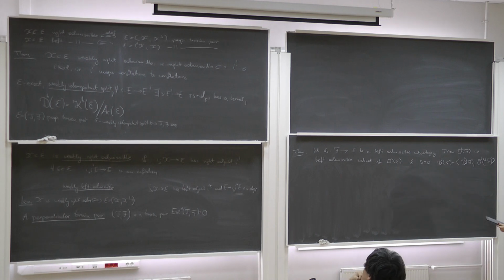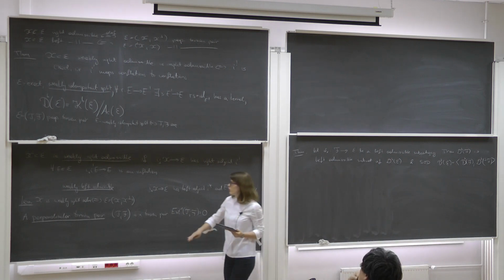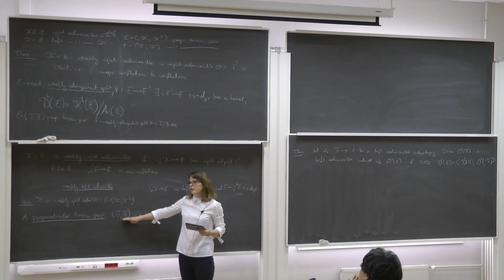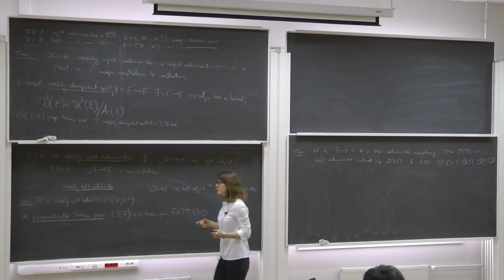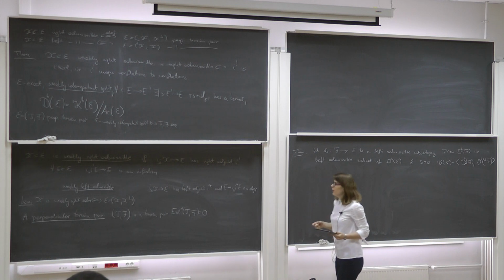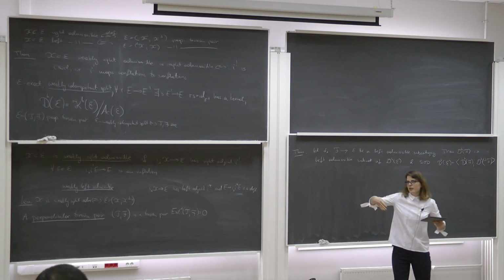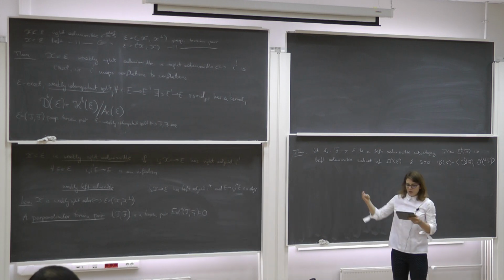Okay, so now I would like to say a little bit about, so we assume that this is somehow a good way to build our exact categories from smaller pieces. But now we would like to consider some longer decomposition.